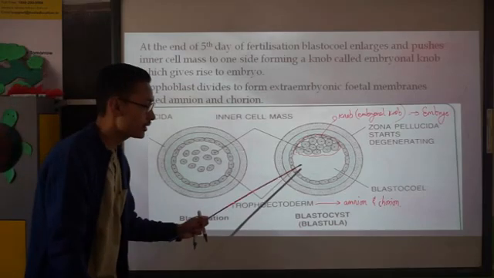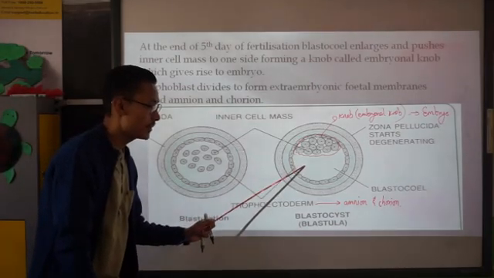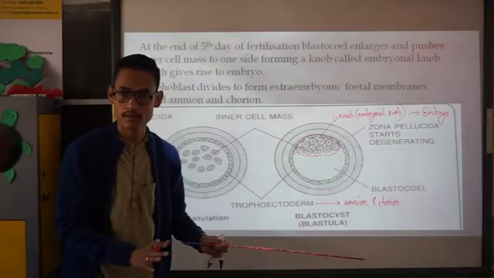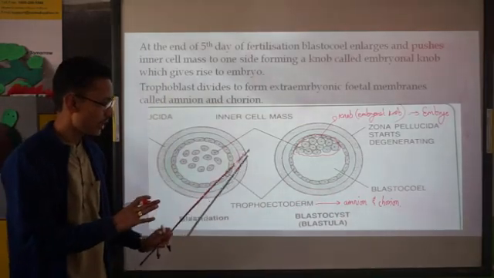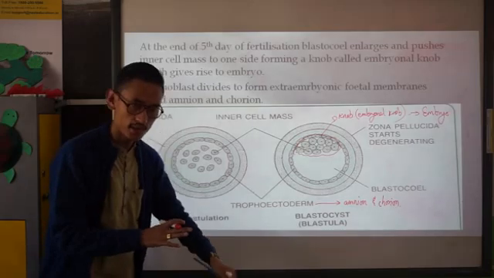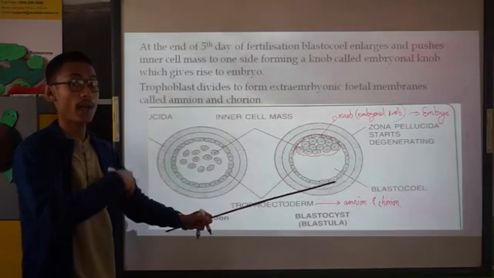So how to identify the blastocyst? By the appearance of the cavity called the blastocyst cavity or blastocoele. When the morula enters inside the uterine cavity, the uterine walls produce uterine milk.